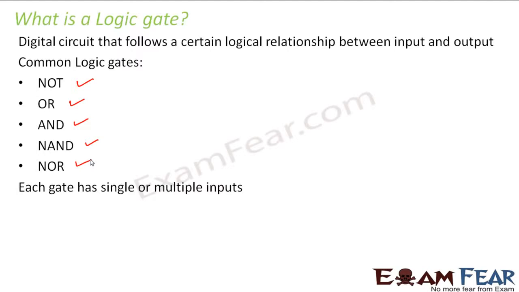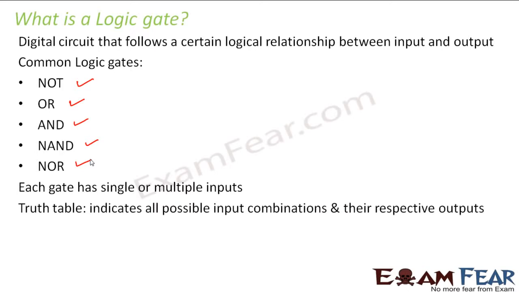So let us start. Each gate has single or multiple inputs. They can have one input, they can have many inputs, and they give one output, and that output depends on a relationship between the inputs. Truth table. This is an important term which I need to introduce. A truth table is a table which indicates all possible input combinations and their respective outputs.